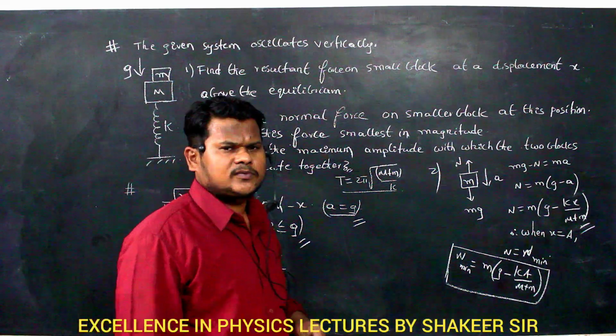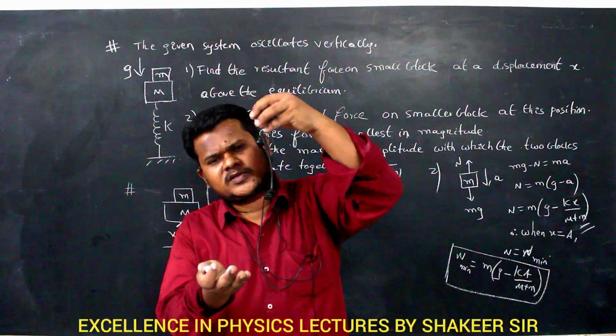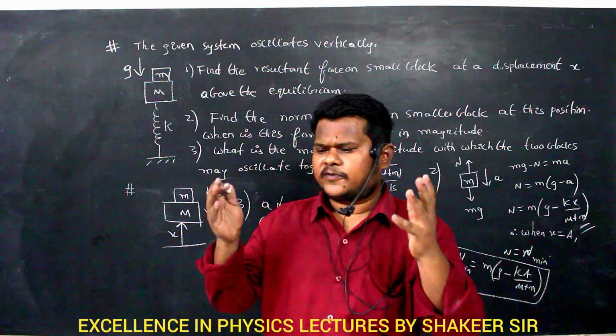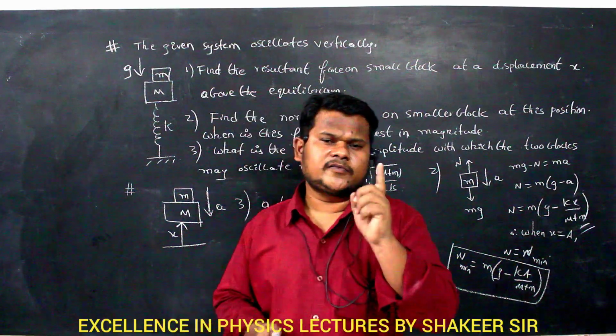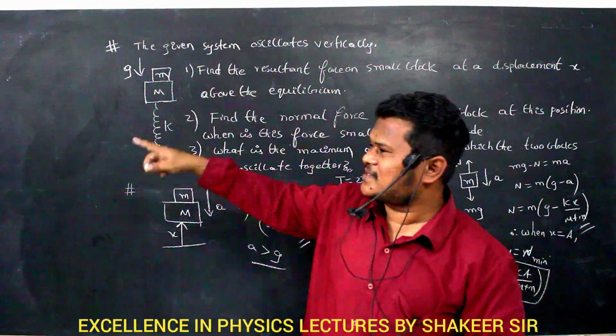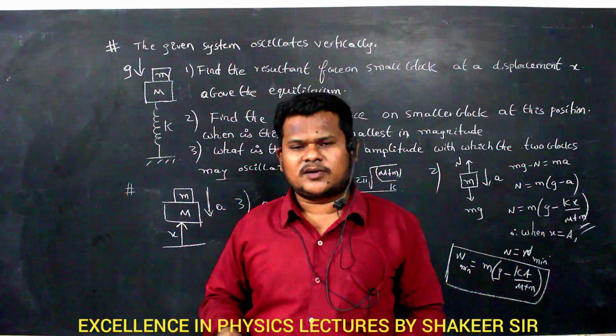Normal reaction will become 0. Why? Because small m is now a freely falling body, falling with an acceleration of g. If a body is falling with an acceleration of g, then that body does not have any weight. It doesn't lose its mass, it loses its weight. So there is no component of weight acting on capital M.